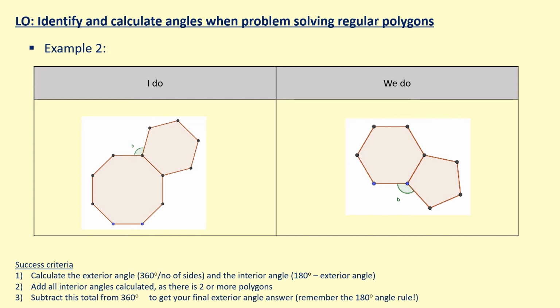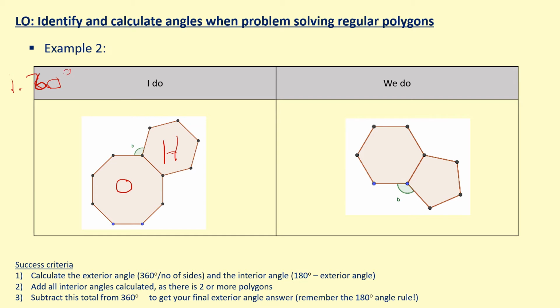Okay, so then Year 8, for this I do, what we have is two different shapes. We have a hexagon. It's just a subtle change to our working out. So let's follow our steps accordingly. Number one, like we did the hexagon from the last slide, we know that 360 divided by 6, the number of sides, gave us 60 degrees.